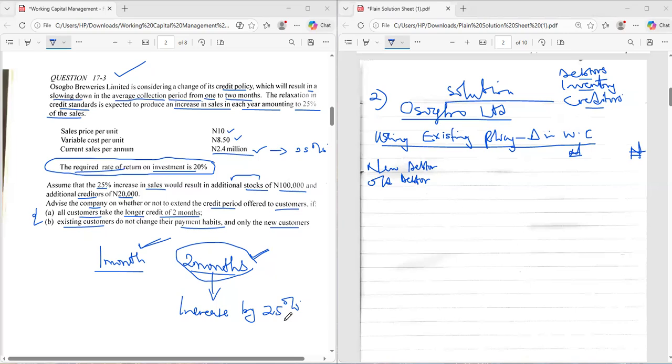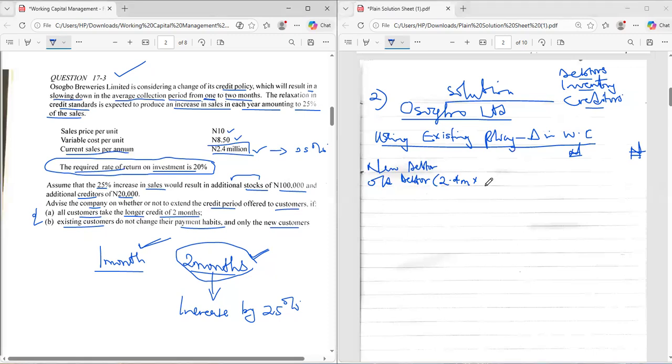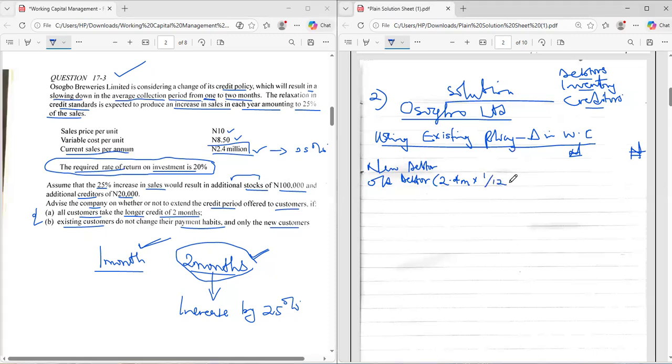So for our old debtor, what is our sale? 2.4 million. Thank you. Current sale is 2.4 million. Multiply it by, they usually give 1 month, so 1 divided by what? 12. In the previous example that we did, it was in days.